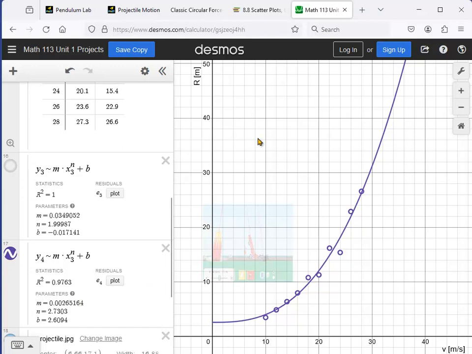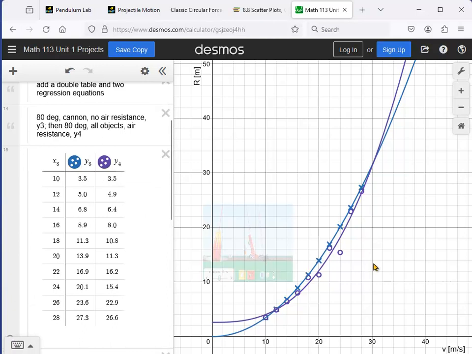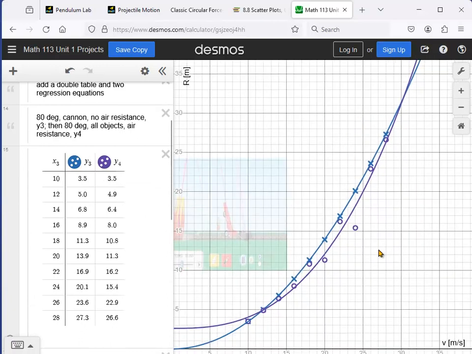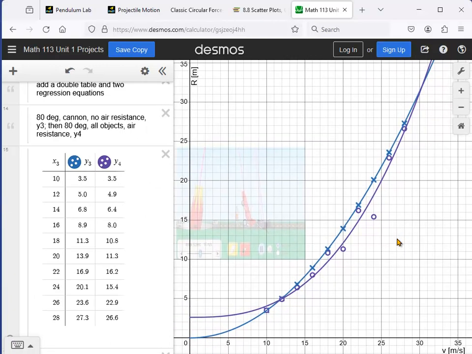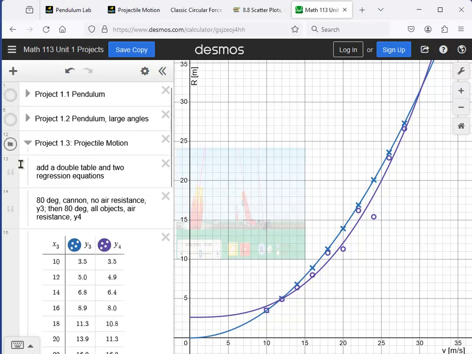And that could truly happen when you turn air resistance on and have these kinds of different projectiles, that changes quite a bit the regression equation. When you compare them, depending on how you shoot a projectile like that, it really depends on if you have the virtually perfect data with no air resistance, or if you have the, well, not so perfect data with air resistance.